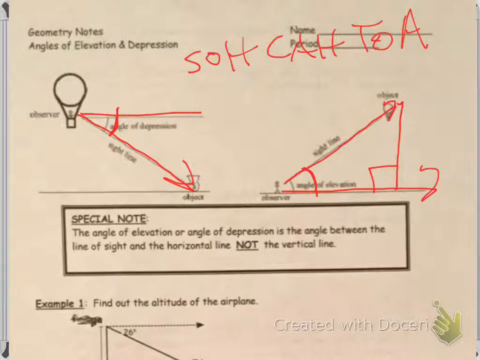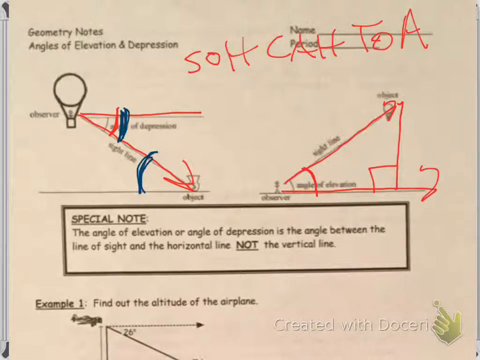But here's the good thing about the angle of depression. It's actually the same thing as the angle of elevation. The reason is that these are called alternate interior angles. I hope you recall that from what we've learned in the past.